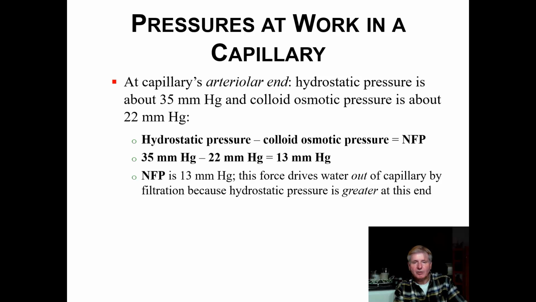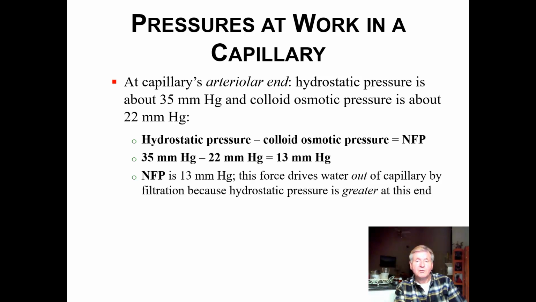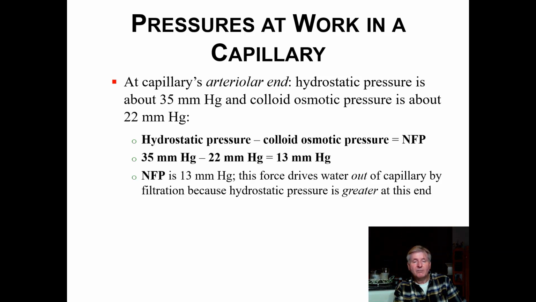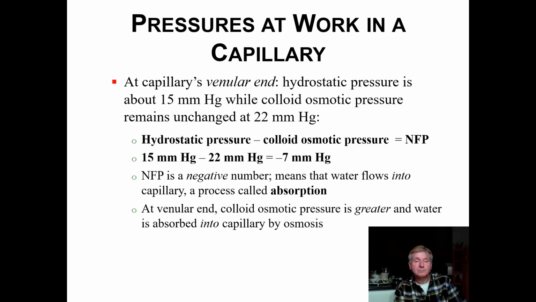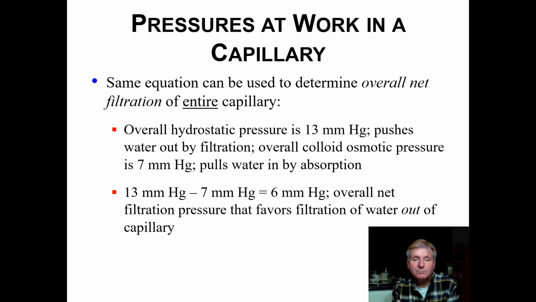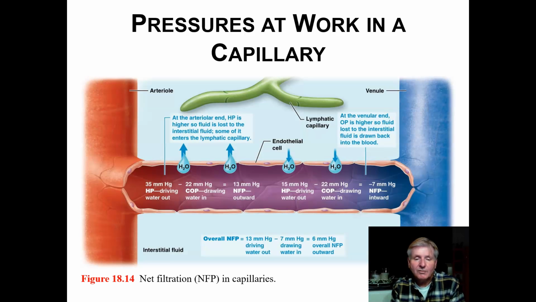That gives you your net filtration pressure, and that's the force that drives water out of the capillaries by filtration. And that's because your hydrostatic pressure is greater at that end. So this is the net filtration pressure in capillaries.